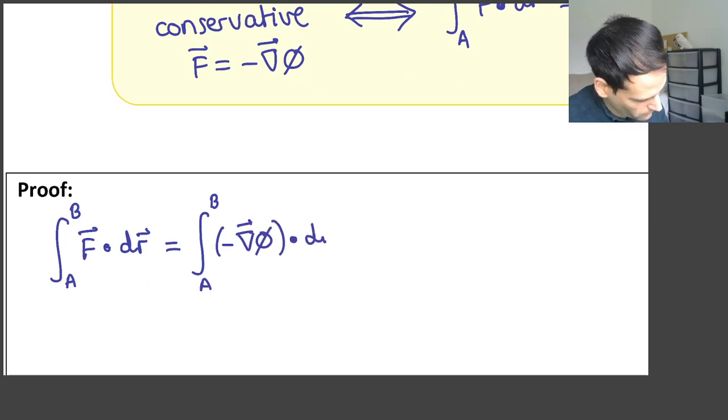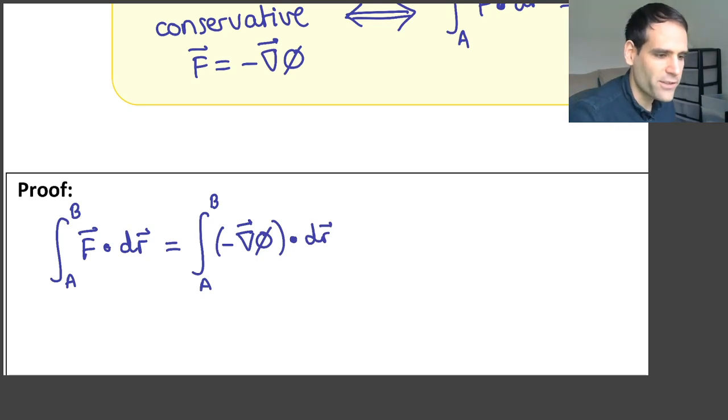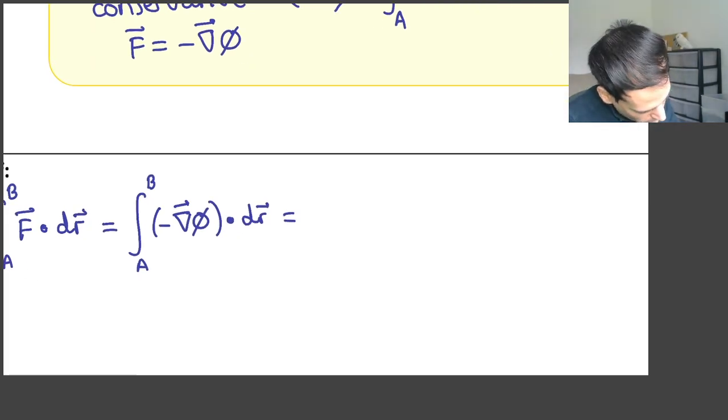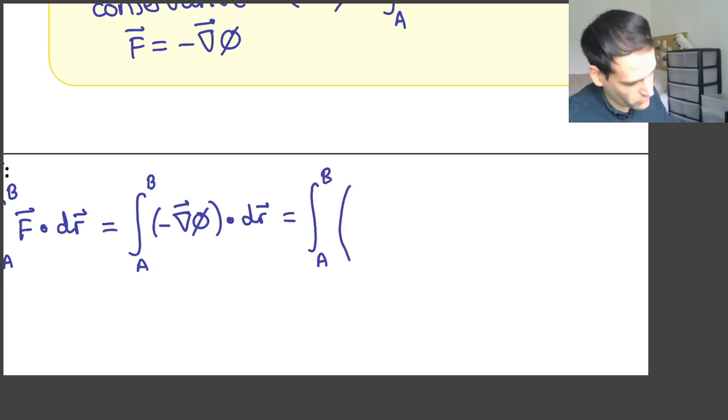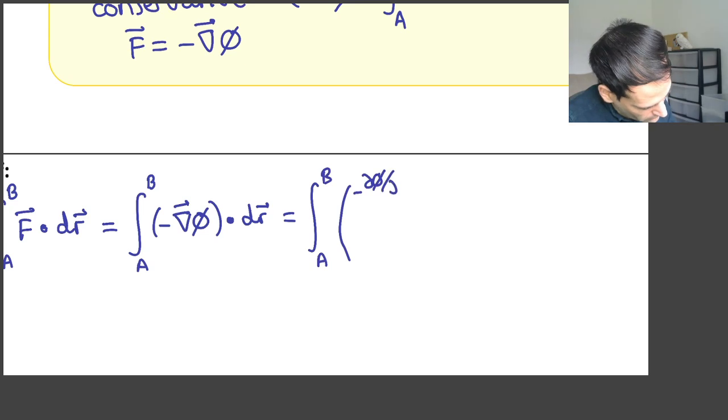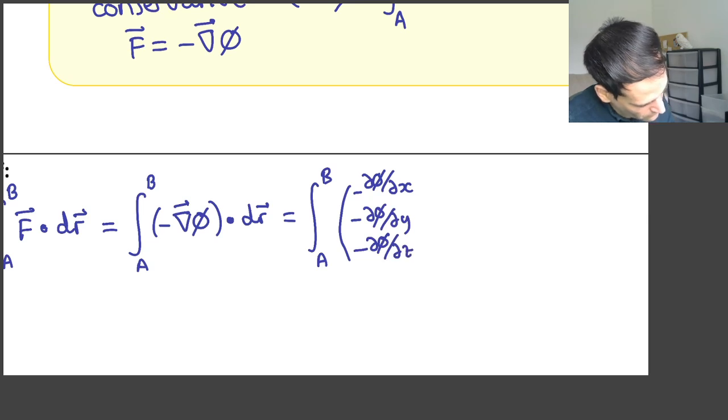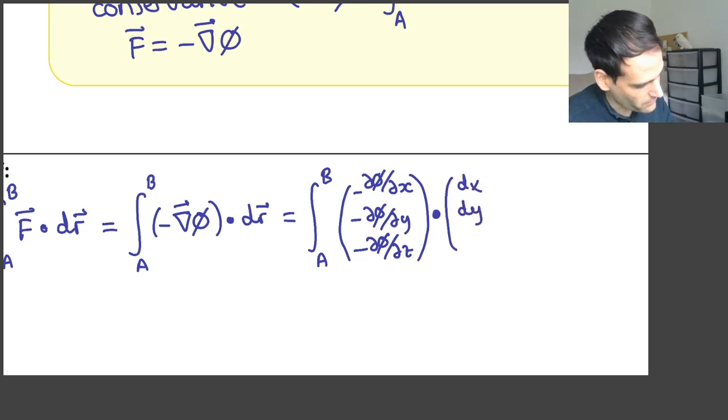dot dr. And now what can I do? Now I can write this as a vector. So this will be the minus derivative of phi with respect to x, minus derivative of phi with respect to y, minus derivative of phi with respect to z. And now this is dot product with dr. And if you remember, dr is equal to dx, dy, dz as a vector.